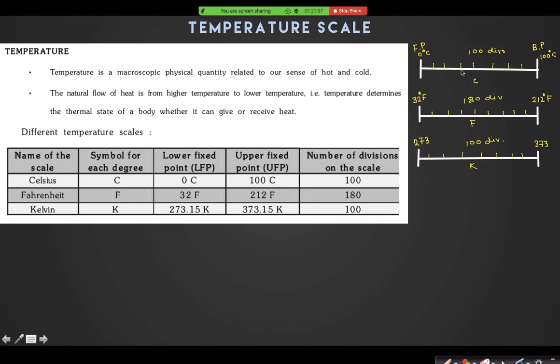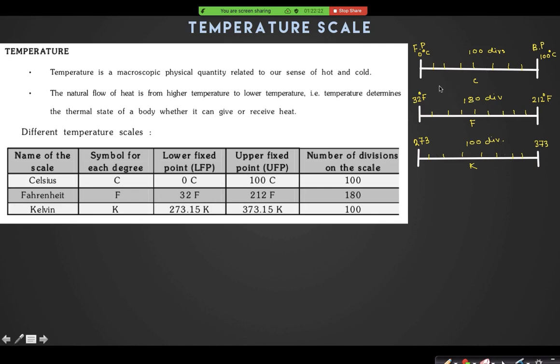Now, in order to interconvert between the scales, you can always say that the 100 divisions in Celsius are the same as 180 divisions in Fahrenheit, and 100 divisions in Kelvin, right? Because whatever the change from freezing point to boiling point, it remains the same for all three scales.